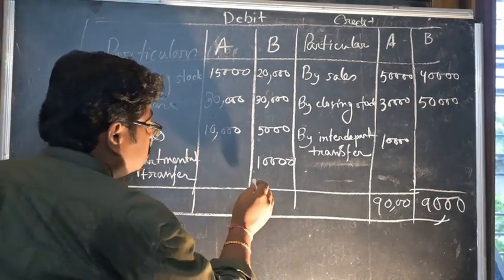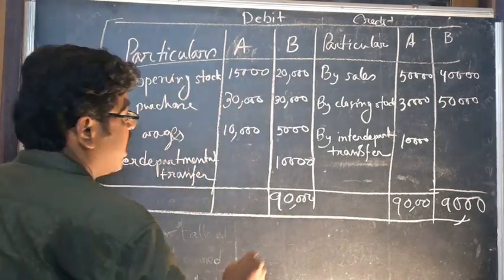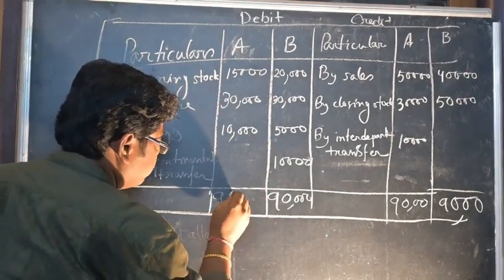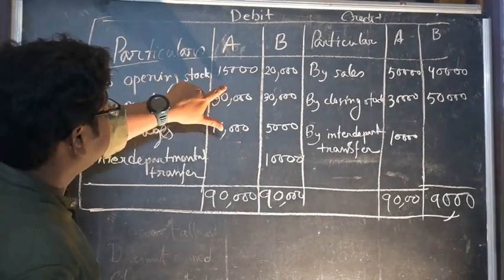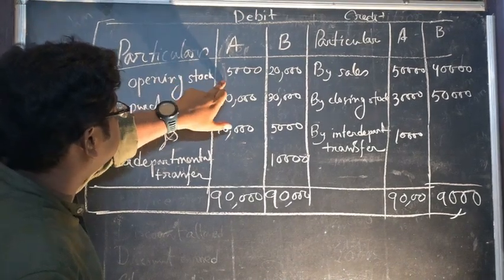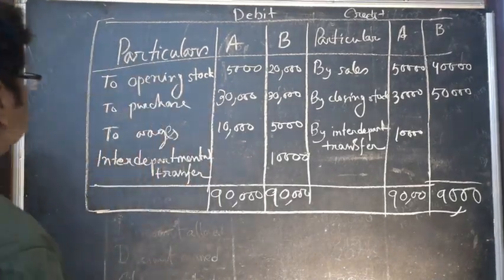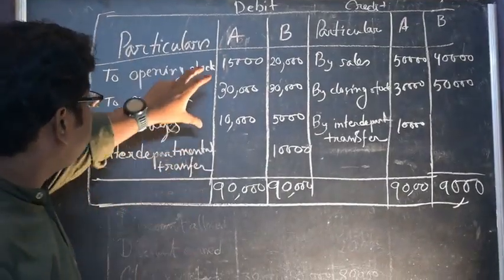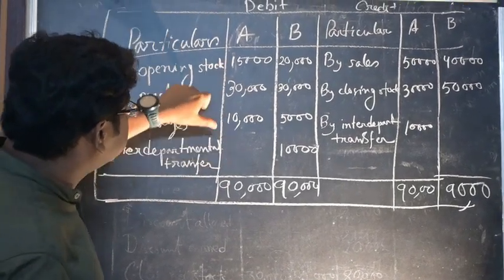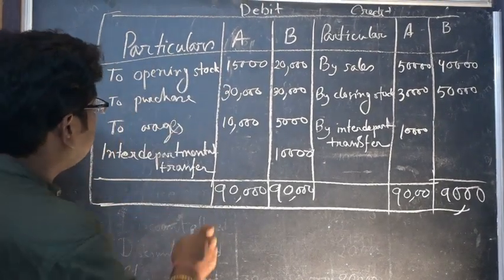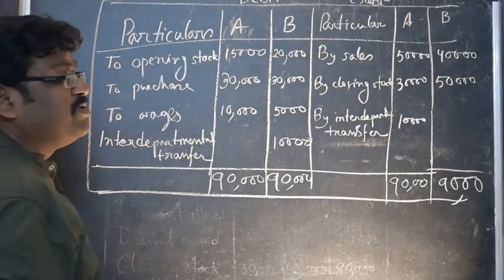So we should write this here, because if you add these, it is less than 90,000. 30,000 and 10,000 is 40,000, and 15,000, it is 55,000.